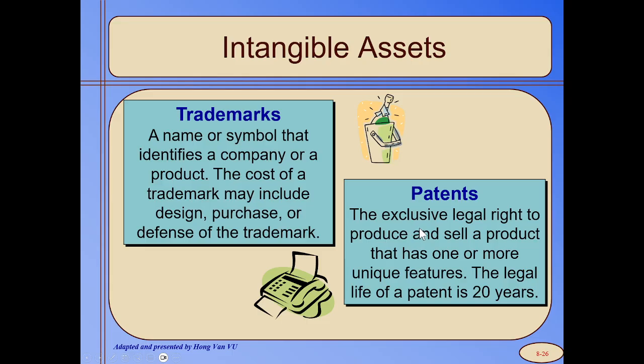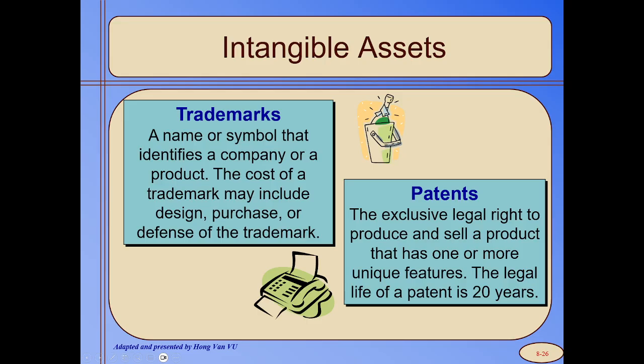A patent is an exclusive legal right to produce and sell a product. In the United States, a patent has a legal life of 20 years. In today's increasingly global economy, it has become more and more difficult to enforce patent rights.